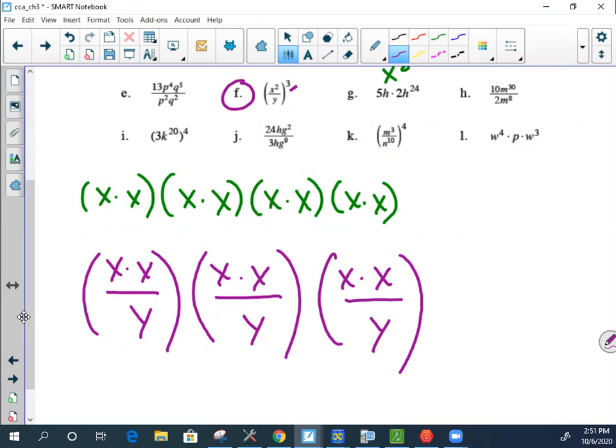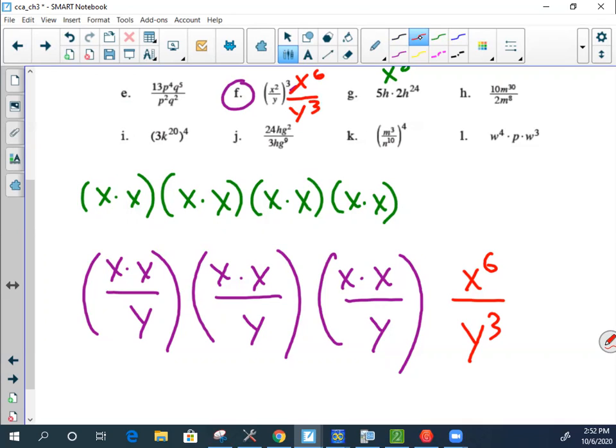When I'm looking here, you might be wondering, why can't we cancel out the x's and y's and divide them to equal 1? We can only do that if they have the same base. X and y are not the same base here. So I can count up the amount of x's I have on top, and I have a total of 6 x's on top. Count up the number of y's I have on the bottom, and I have y to the 3rd. So I have x to the 6th divided by y to the 3rd.